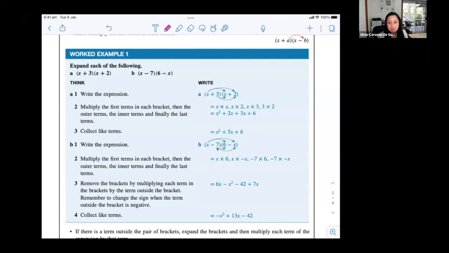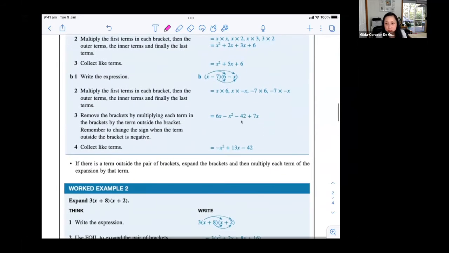Inner terms is negative 7 times 6, which is negative 42. And then you've got negative 7 times negative x, which is positive 7x, okay? And you would have to look for the ones that are like terms. You've got 6x and 7x. If we combine them, you get 13x. So you've got minus x squared plus 13x minus 42, okay?